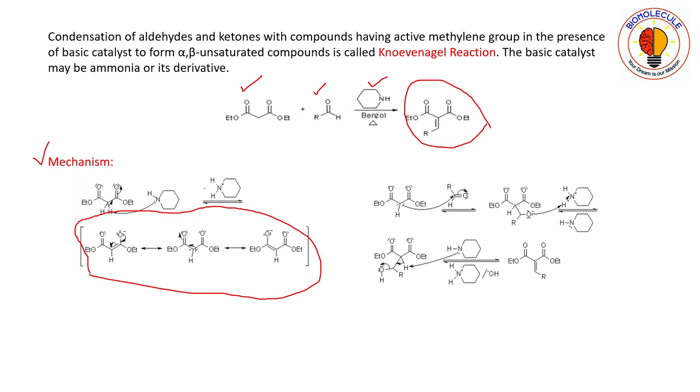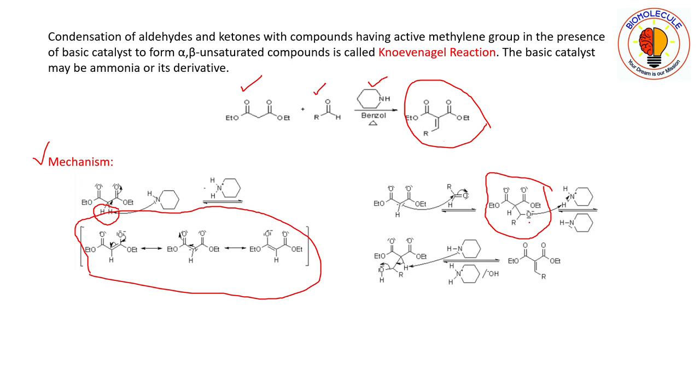That is, after the abstraction of this acidic proton by the base, we get the carbanion, or you can say the enolate ion. Now this carbanion or enolate ion will attack the carbonyl carbon, and you will get this one as the intermediate.